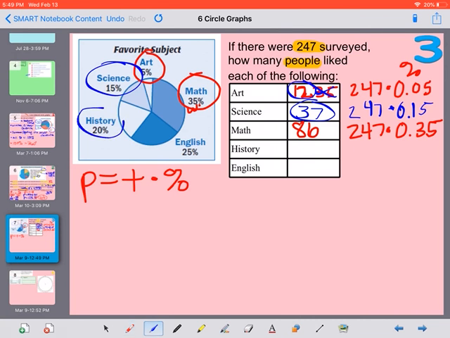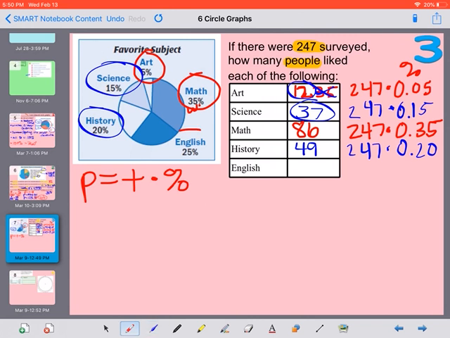History, we have 20%, so 247 times 0.2, or 20 for 20%, 247 times 0.2, that is 49.4, or just 49 because we're talking about whole number of students, how many people.